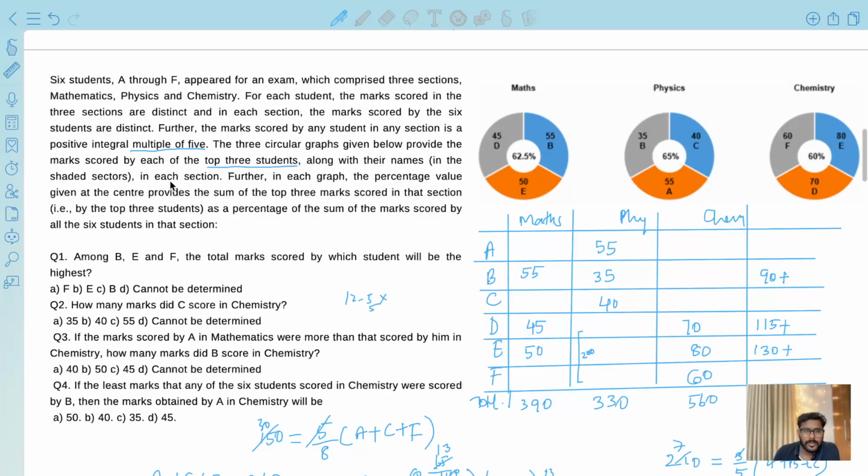Further, in each graph, the percentage value given at the center provides the sum of the top 3 marks scored in that section as a percentage of the sum of the marks scored by all.